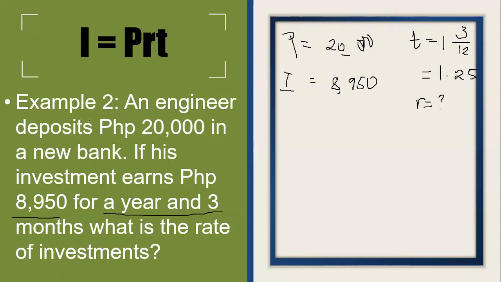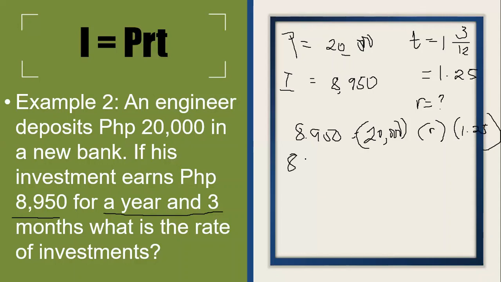So yun po ang solve natin using the same formula. 8,950 equals 20,000, which is the present value, multiplied by R, multiplied by the time of years, 1.25 or 1 year and 3 months.